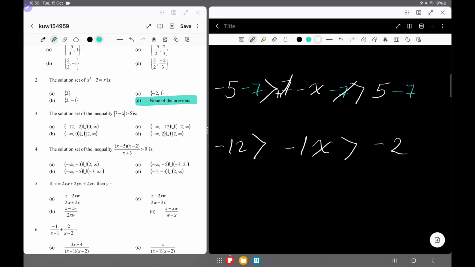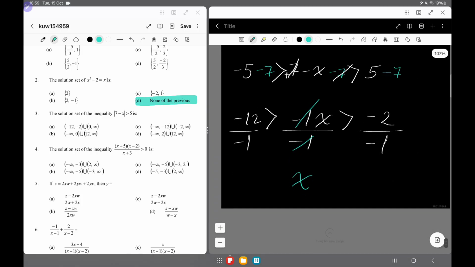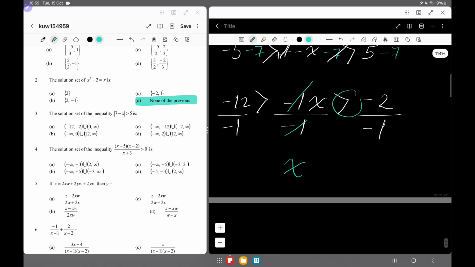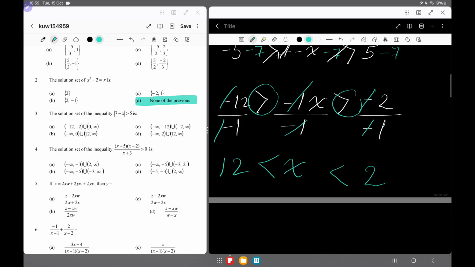Negative x is the same as negative 1x. So I have negative 1x, and I need just x alone. Divide all sides by negative 1. So this with this, we have x. Because we divide by a negative number, we have to switch: more becomes less, less becomes more. 2 over 1 is 2, 12 over 1 is 12.